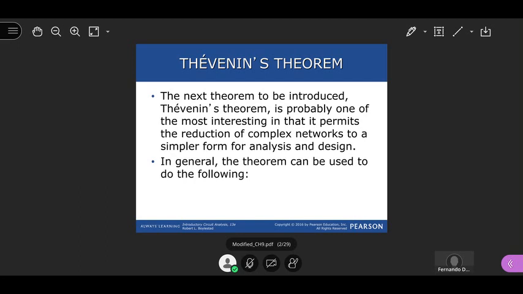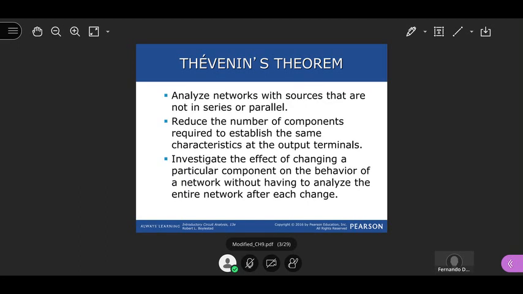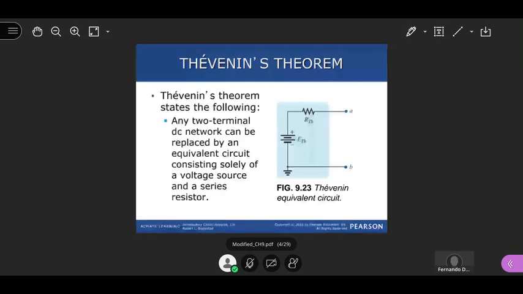Also, we use it to determine the maximum power that can be transmitted to a load, a resistor in this case, right? So this is what we're going to be seeing Thevenin's theorem being used for in this class, right?